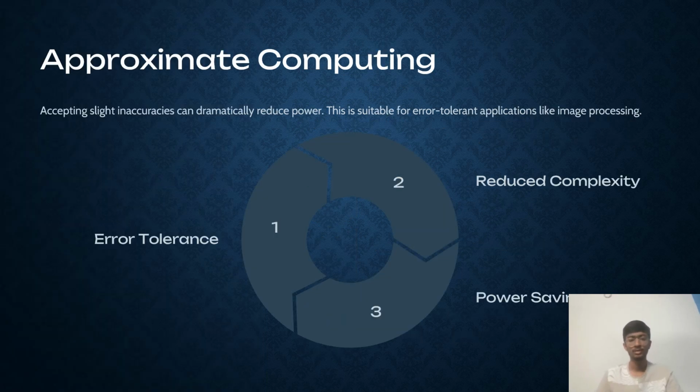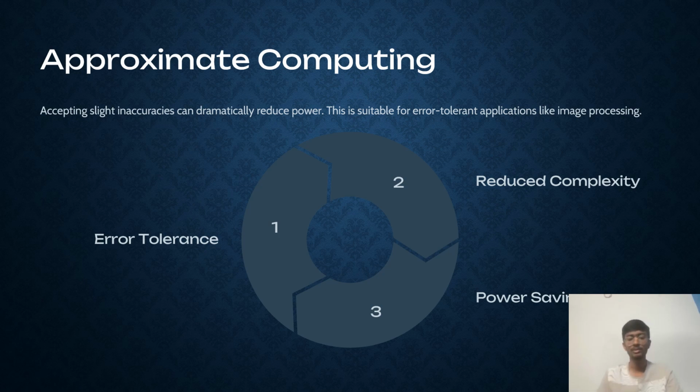Approximate computing. First, error tolerance. Error tolerance refers to the ability of a system, process, or model to continue functioning correctly even when errors or faults occur. Second, reduce complexity.